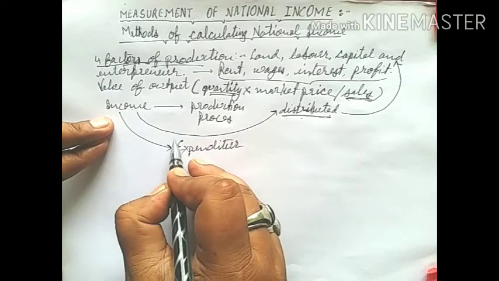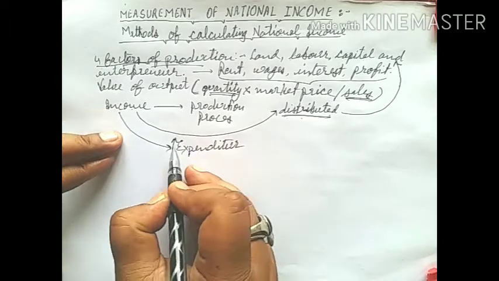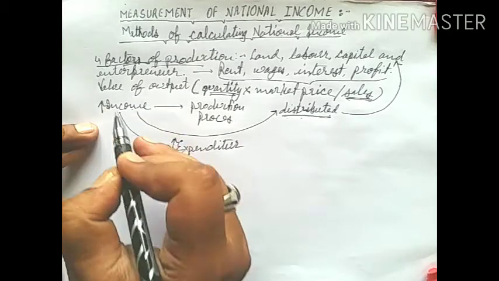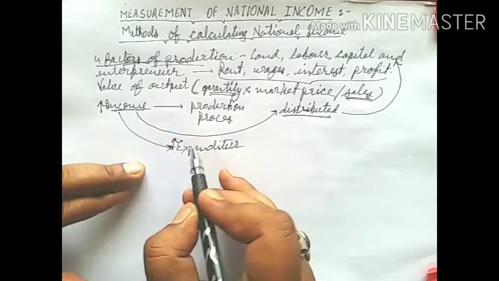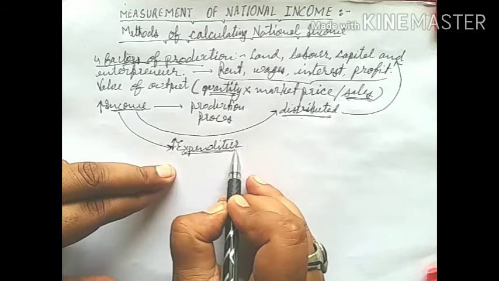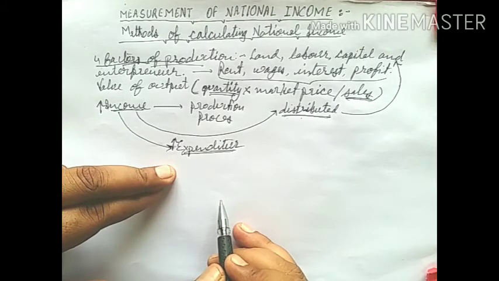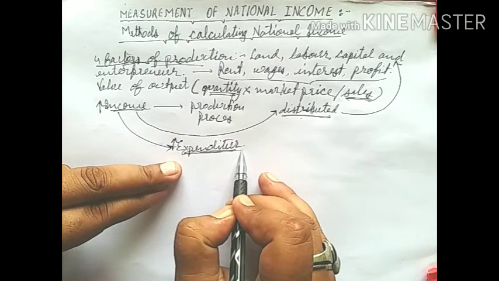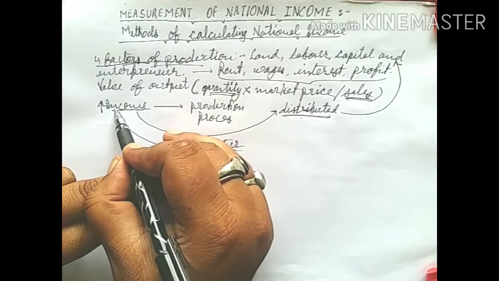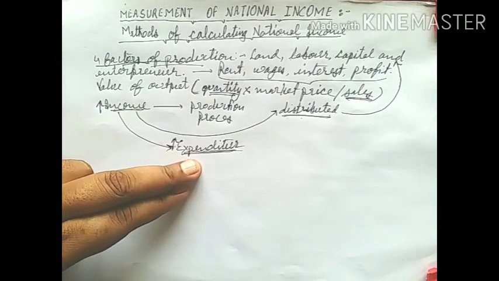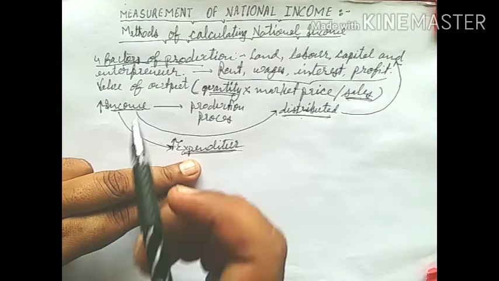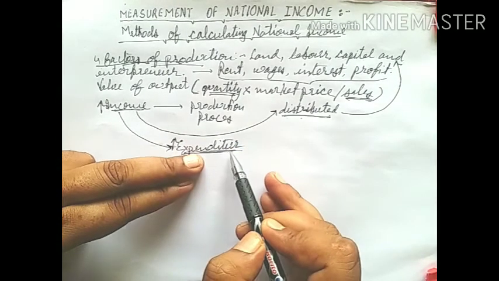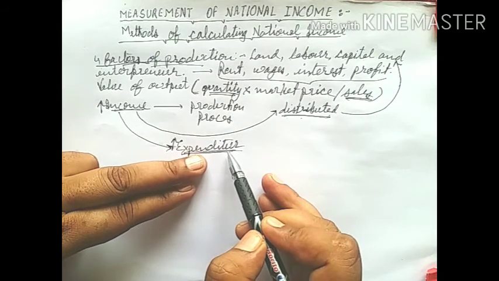Expenditure will rise with the rise in income. If income increases, then expenditure will automatically increase. Means the level of expenditure highly depends on the level of income. As much as there is a change in income, the expenditure will automatically change.